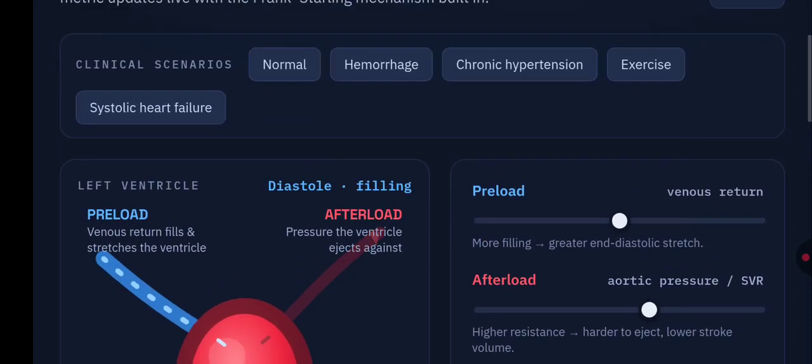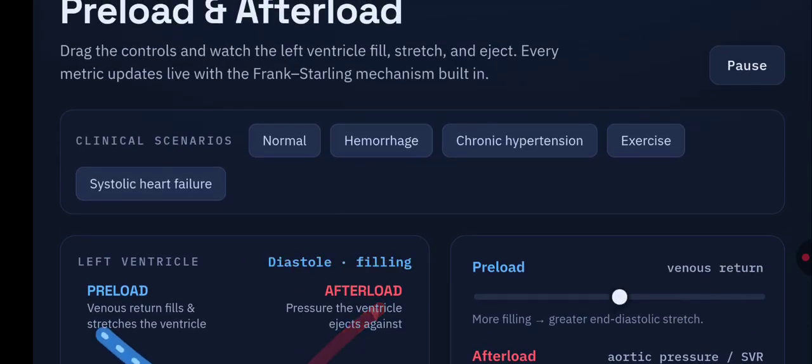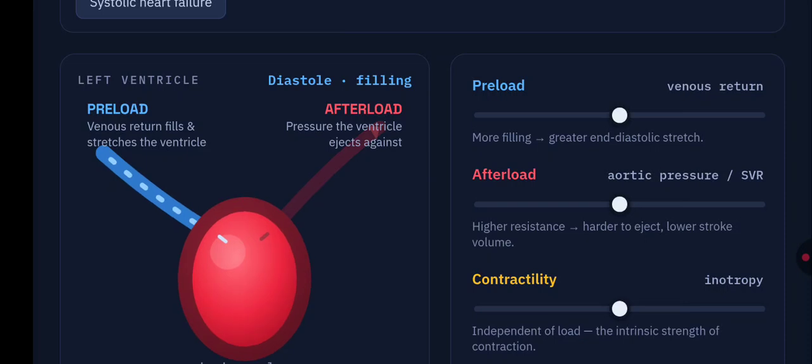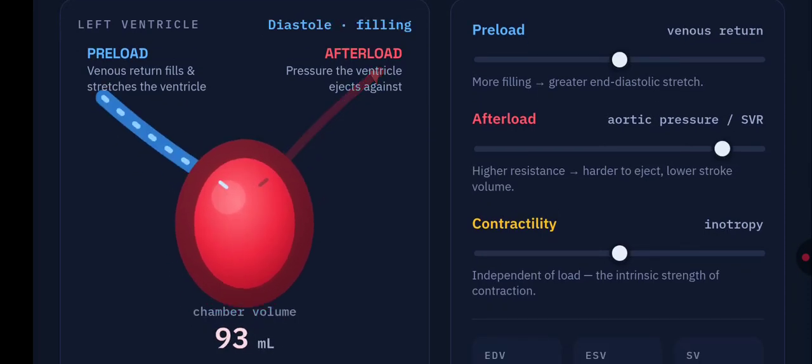In the normal condition, you will find that the preload is almost nearly equal to the afterload and contractility is in the normal range. Contractility is the ability of the heart to contract, measured by heart rate, the number of heartbeats per minute.